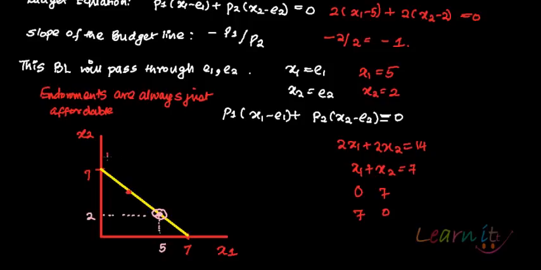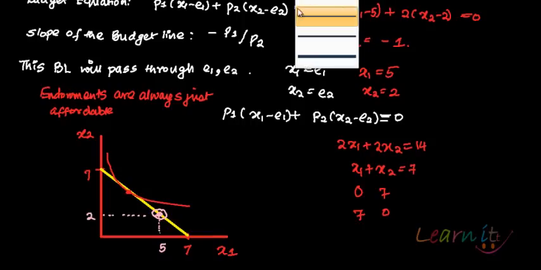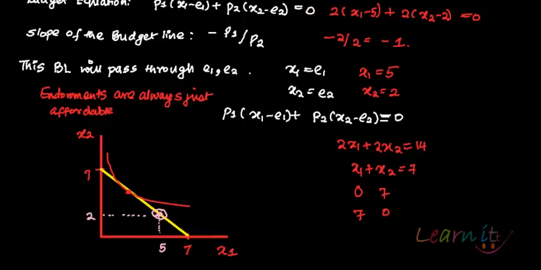Now supposedly the consumption lies here, if your indifference curve is somewhat like this. As you could see, you are consuming less of x1, say your consumption is lying here.